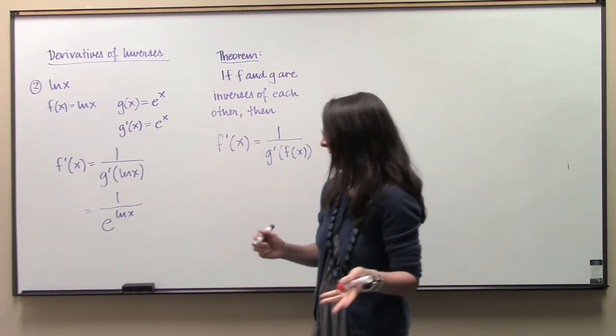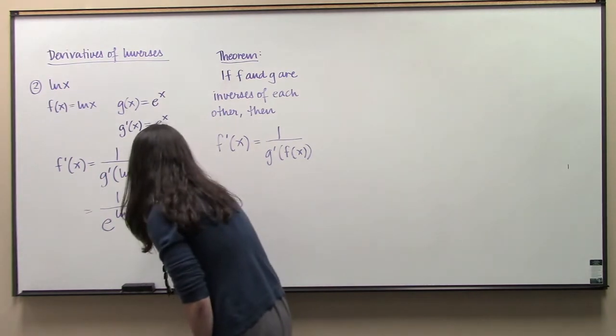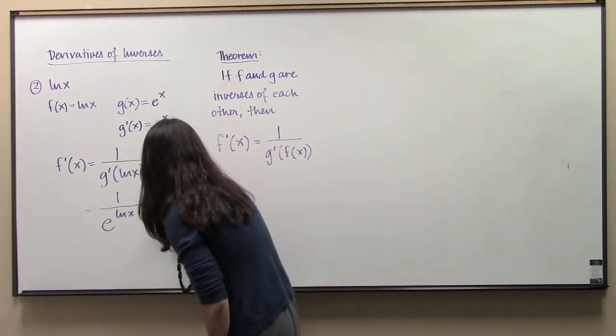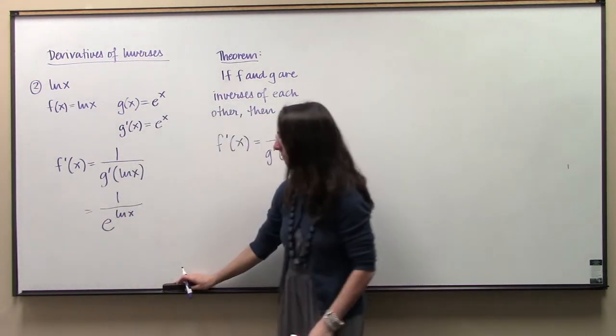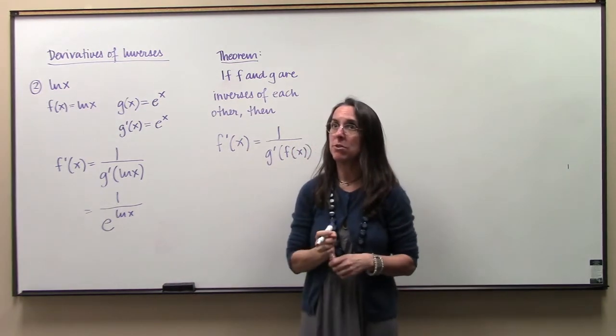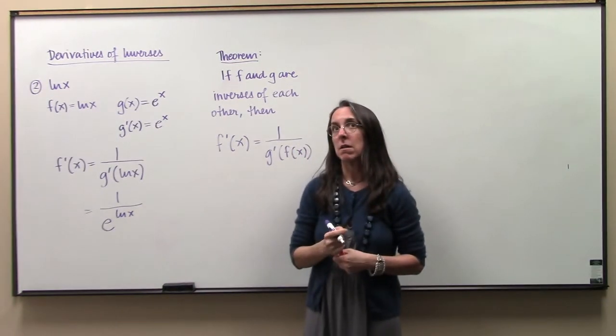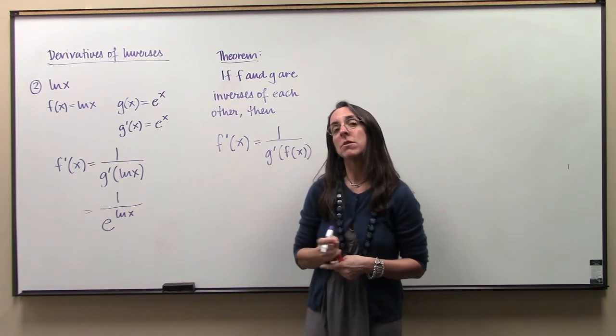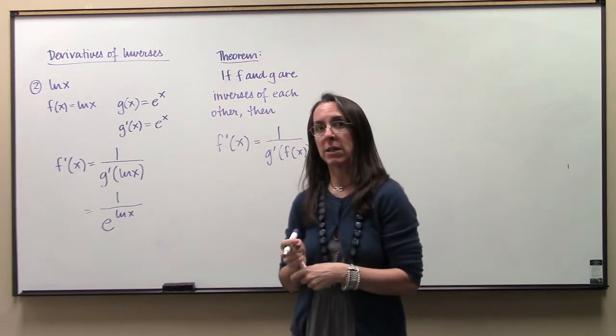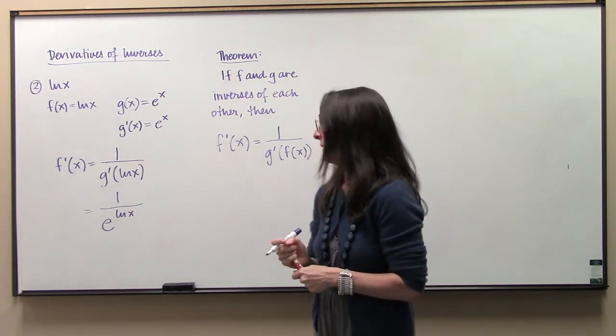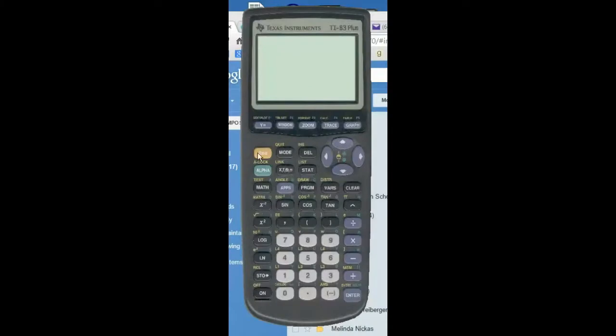In fact, try this. Plug it into your calculator. Can you do that? Well, I'll do a couple of them on my calculator and you'll see what I mean. Looking at e to the log x. So if we do e to the log of 2, oh, we get 2.